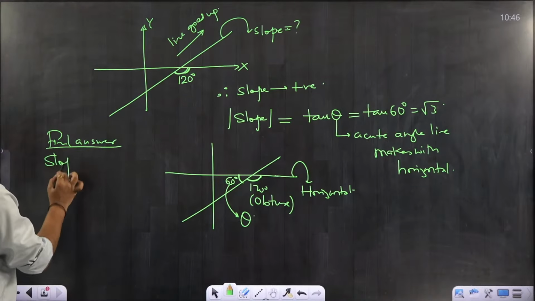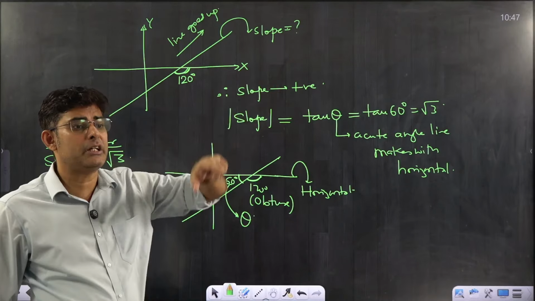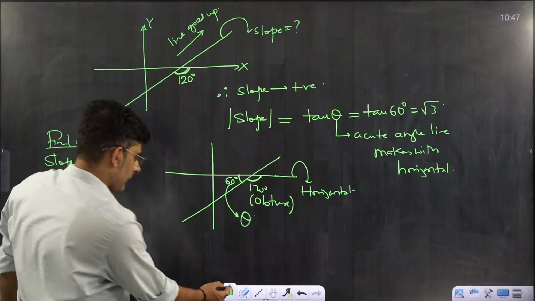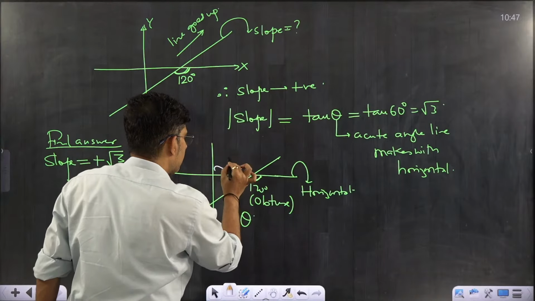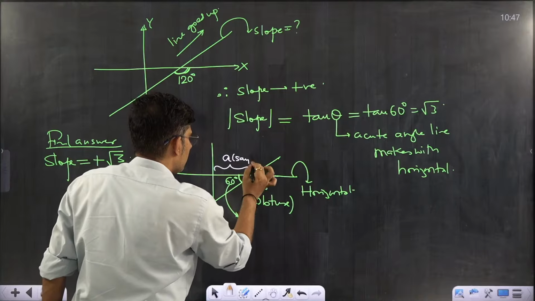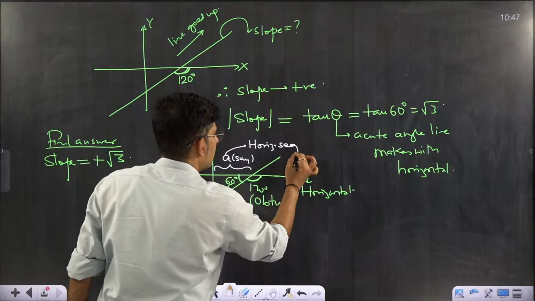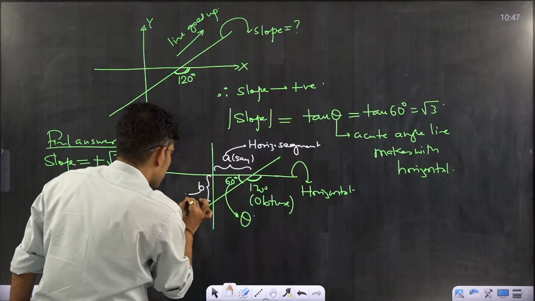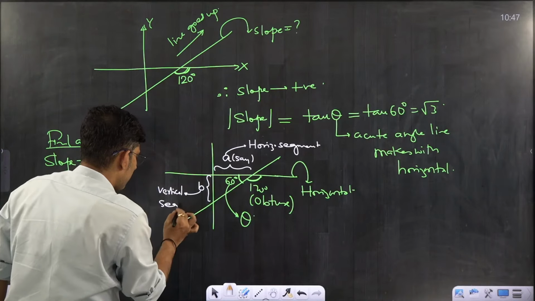Now if you say, sir, please explain why you told that slope magnitude is vertical by horizontal. Let's see. Suppose this is the horizontal segment, just the magnitude, and I take this length as A. And I take this length as B, the vertical segment.